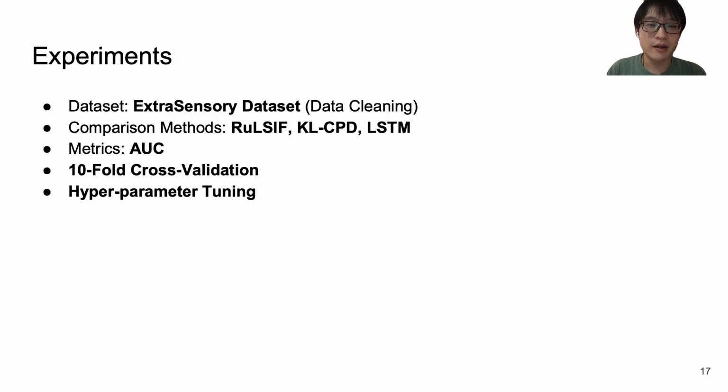We compare our method with RoSIF, KLCPD, and LSTM, which are all existing SOTA. We use AUC as the metric to evaluate our method. We also use 10-fold cross-validation, and we also perform hyperparameter tuning.